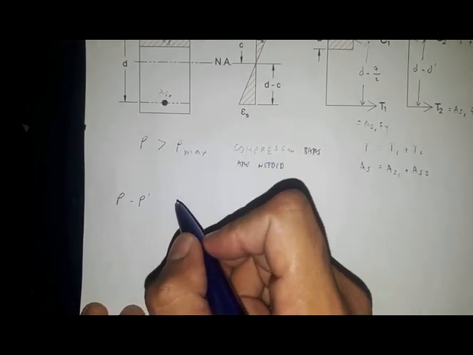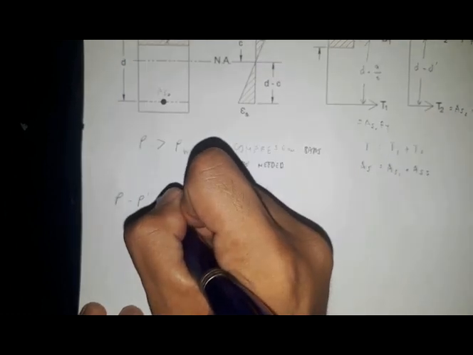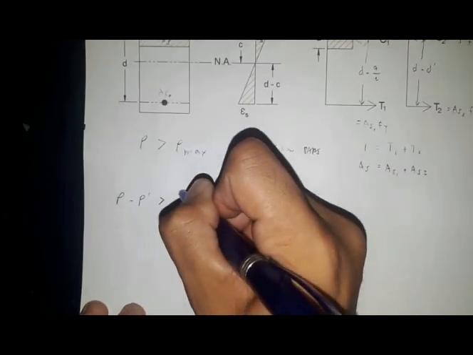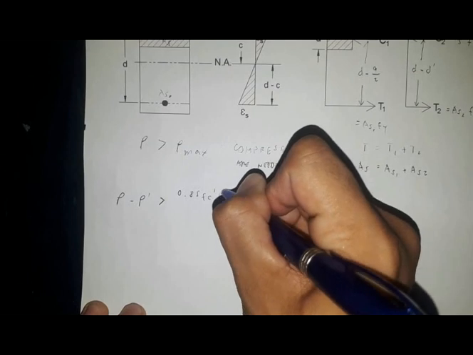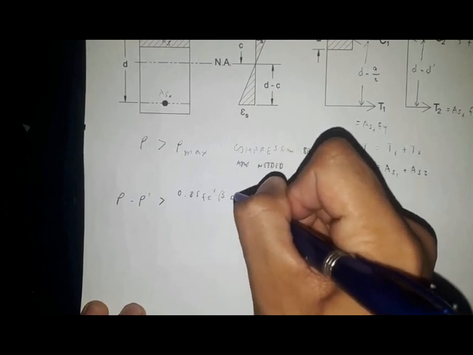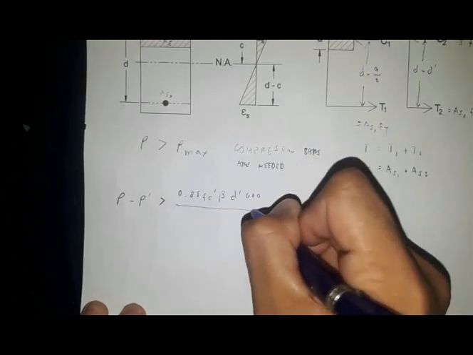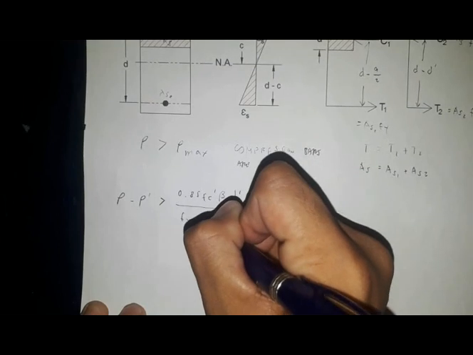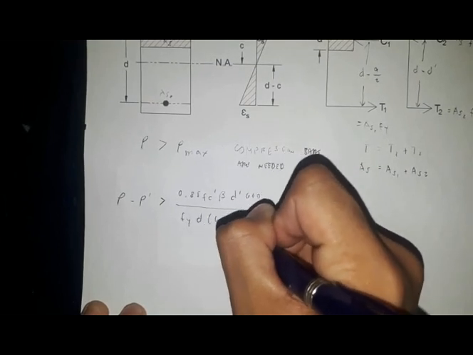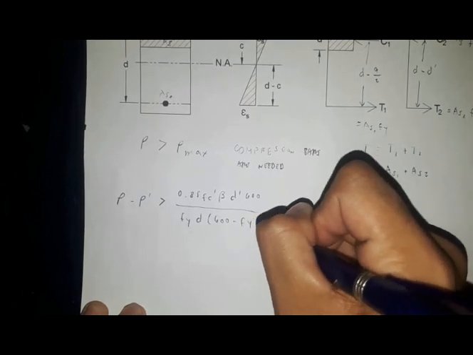So, it must be greater than 0.85 Fc prime beta D prime times 600 over Fy times D times the quantity of 600 minus Fy.